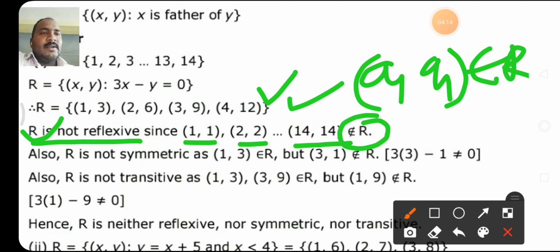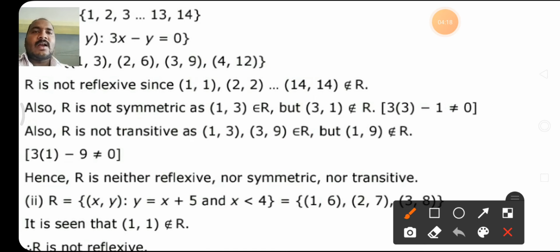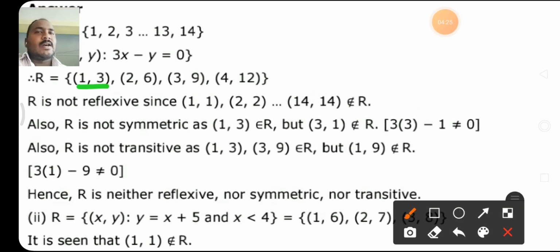Next, R is not symmetric, because (1, 3) belongs to R, but (3, 1) does not belong to R. Because of this, R is not symmetric.